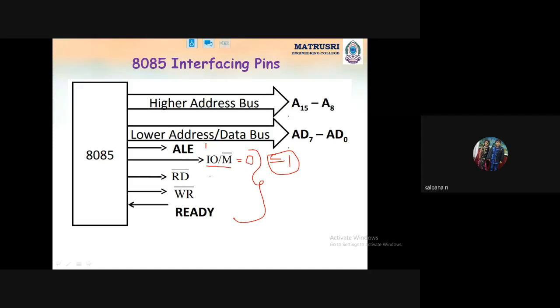So in order to take the data and in order to give the data, what signals do we want? Read and write. Read means the processor is taking. Writing means the processor is giving.